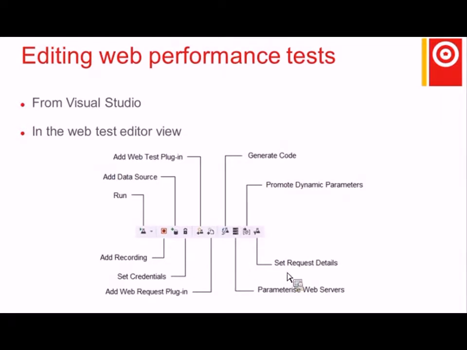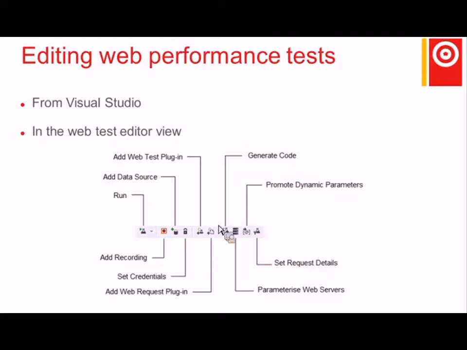There's also what we call adding in a web test plugin. Now, what this is essentially enabling you to do is override the actual main class of the web performance test so that you can put your own C# or VB code into a web performance test. We won't be covering that today. That is an extremely advanced option, so we will definitely not be covering that today.